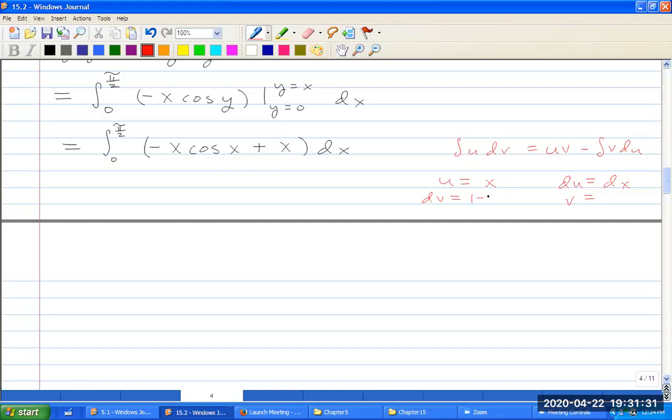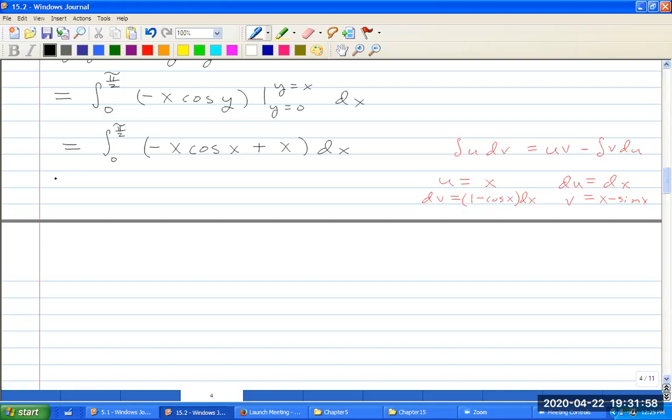So how about 1 minus cosine x dx. And so if I integrate that, I'll just have x plus sine minus sine. Okay. Derivative of sine is cosine. Okay.